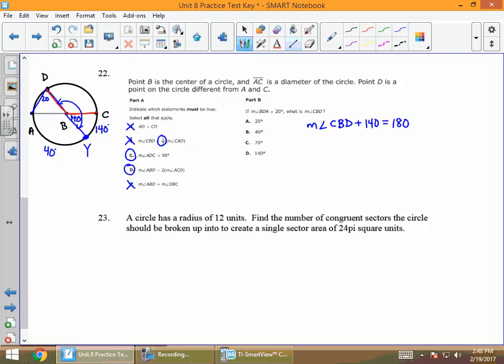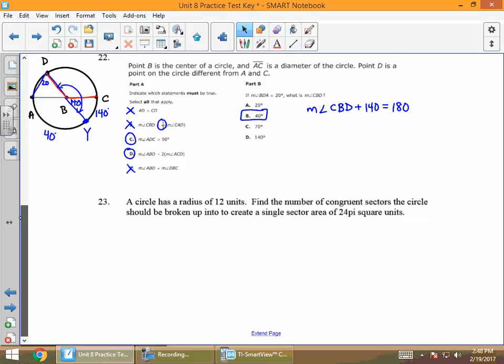I subtract 140 on both sides. I get answer choice B of 40 degrees. Again, that one wasn't real nice just because my drawing was not to scale. But even without the scale of it, I can see that that does have to equal 40 degrees.